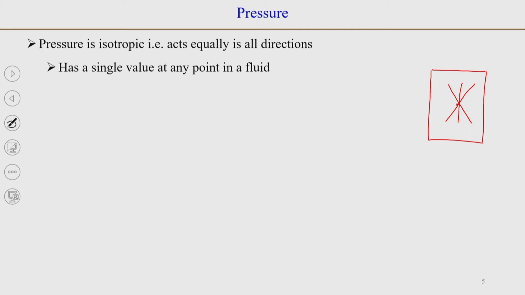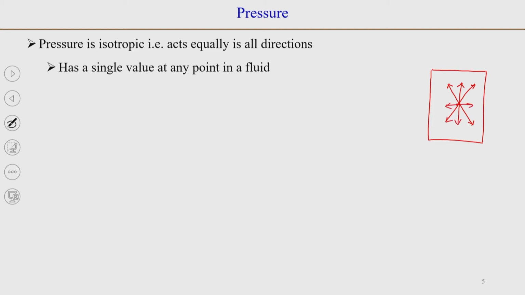In order that this fluid molecule is static, there is no pressure difference in any particular direction. So, the pressure at this point has to be the same across all directions. That means pressure is isotropic. Pressure in all directions will be the same at a particular point in a fluid.